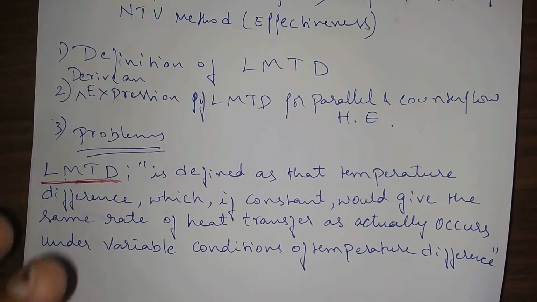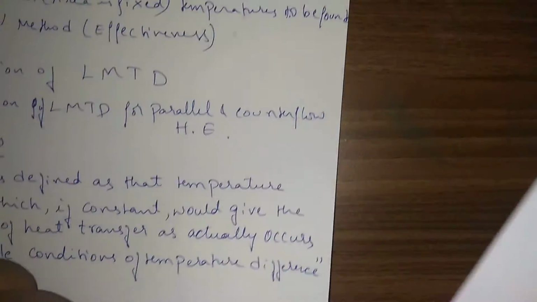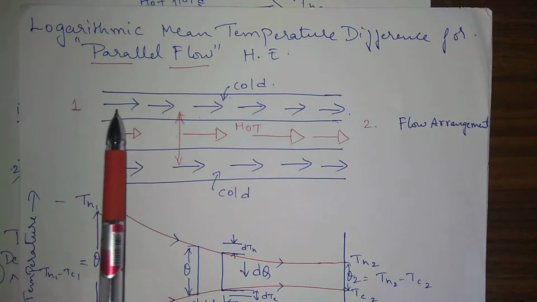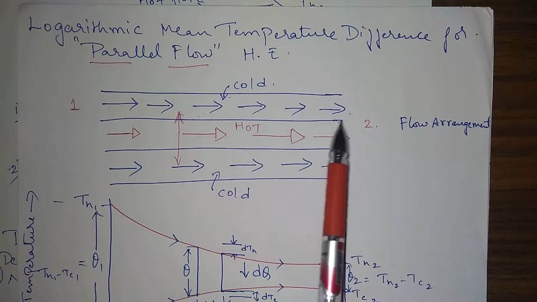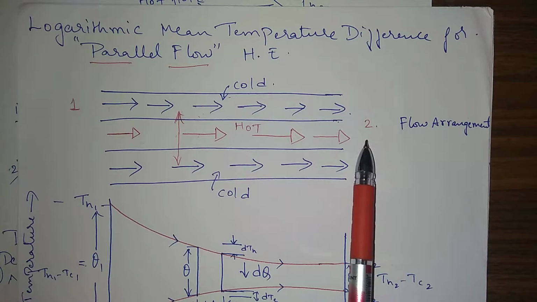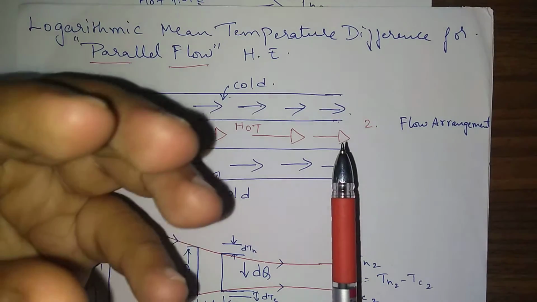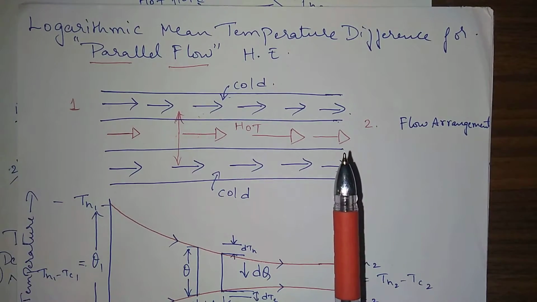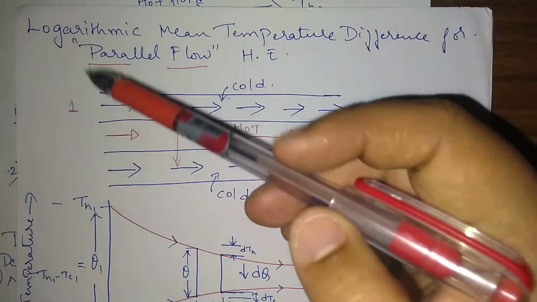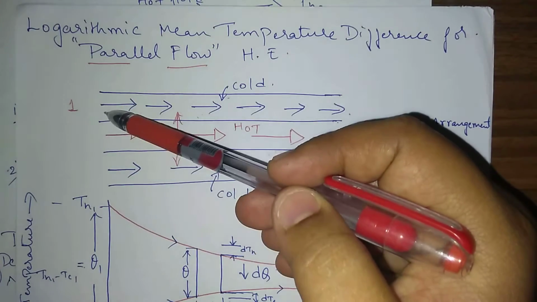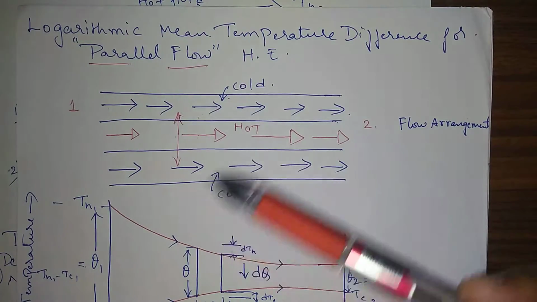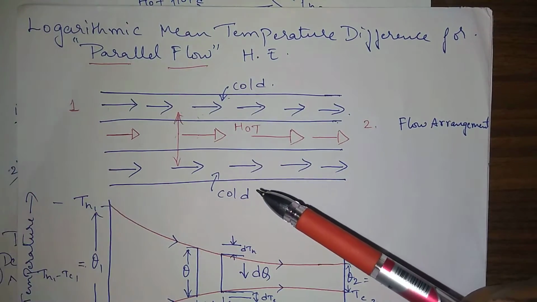So it has to take into account the variation of cold fluid temperature and the variation of hot fluid temperature, and it should give us that value of temperature difference which we should use in order to calculate the heat transfer rate. Understood? We cannot calculate the heat transfer if we take only the inlet or only the outlet temperature. It should be somewhere a mean temperature. So that is the definition.